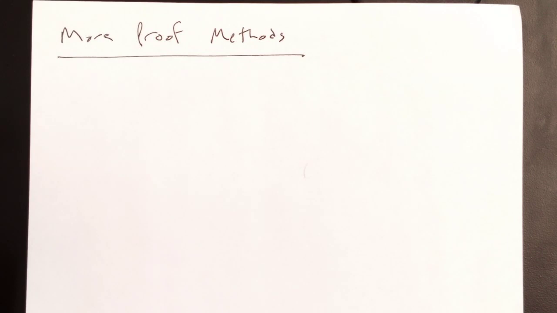one of the additional questions we can ask is, what other methods do we have? Because we have direct, indirect, contradiction, vacuous, trivial. But what else can I do? And when do I use what?